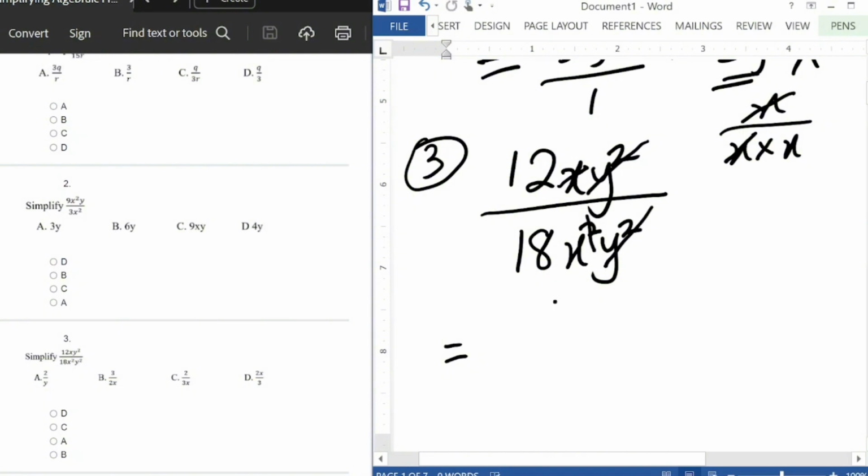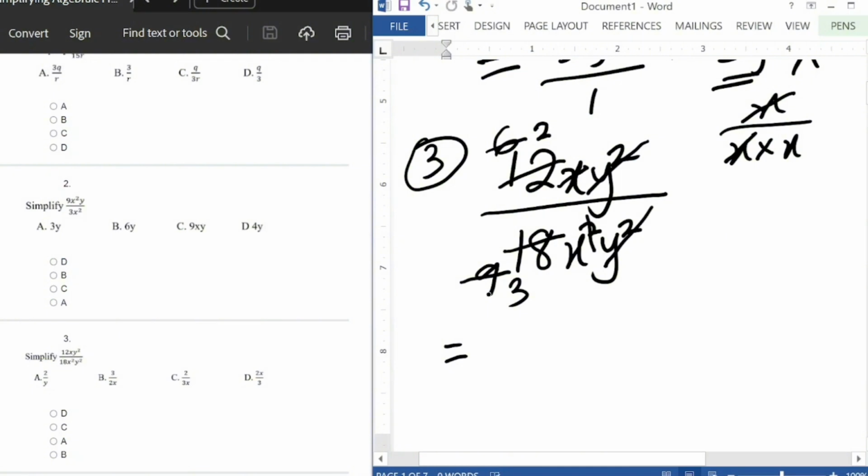So for the numbers, what can go in 12 and can also go in 18? 2 can go, 3 can go. So let's look. 6 can go as well. So the highest common factor is 6. You can do it in bits rather. So that is 2 can go here, that gives 6. 2 can go here, that gives 9. 3 can go, that is 2. 3 can go, that is 3.